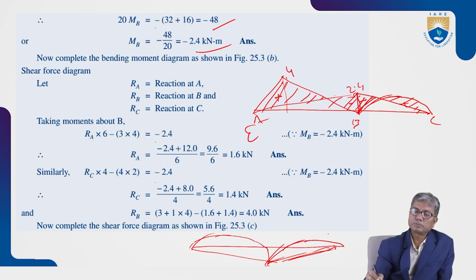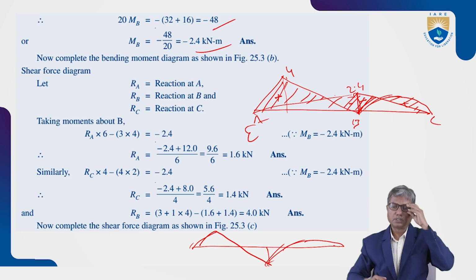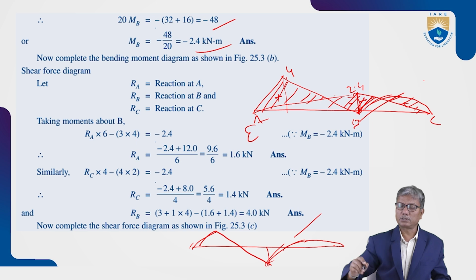Superimposing, you will get something like this. And for this, you will get something like this. Either this one or this one, both are correct.